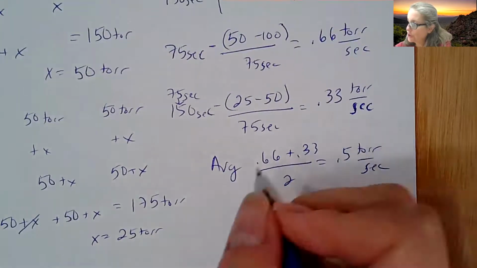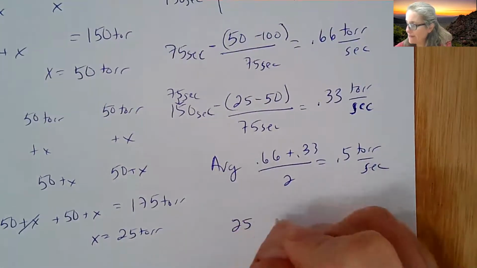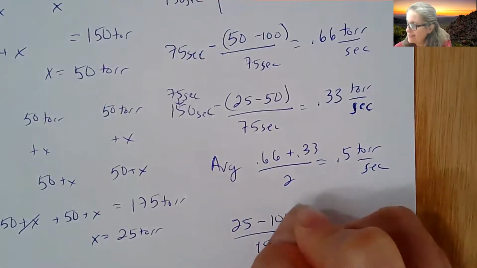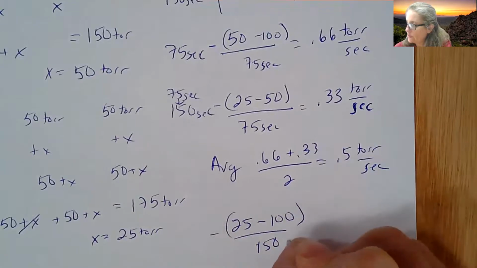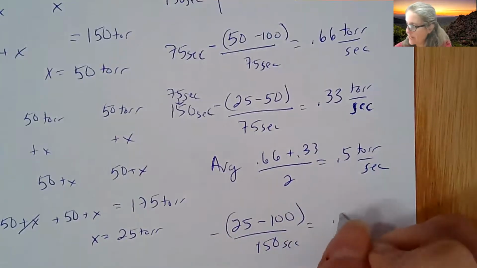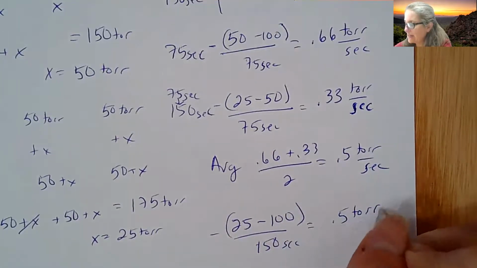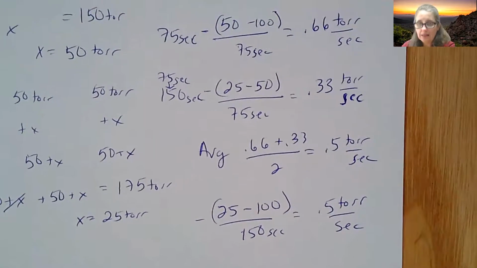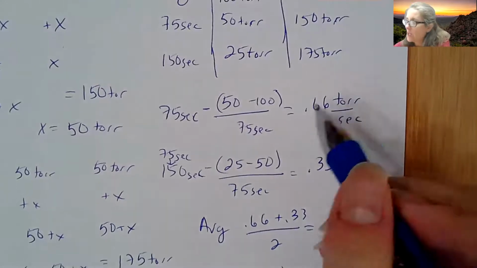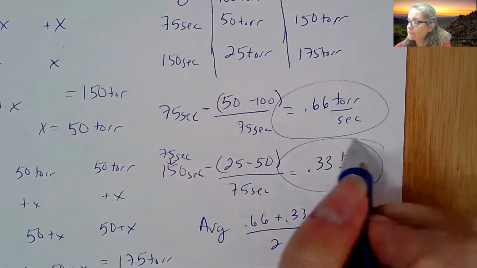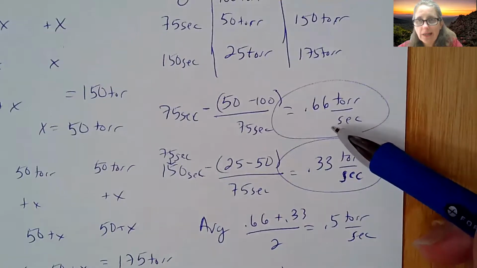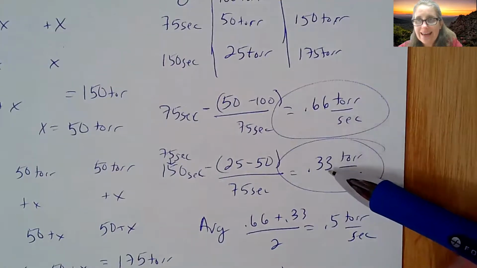Now, could I have just taken 25, the final time point, minus the initial over the whole time? I would get exactly the same answer, okay? So the point of my madness is the beginning of our discussion of rates. We said at the beginning of the experiment, your rate is much faster than it is at the end of the experiment.